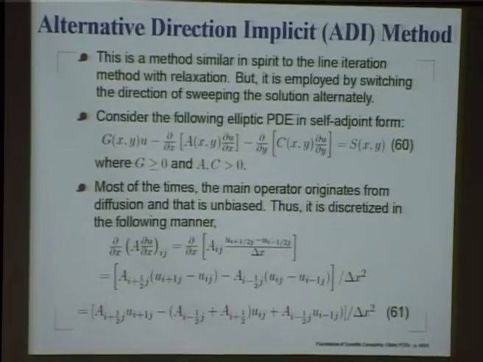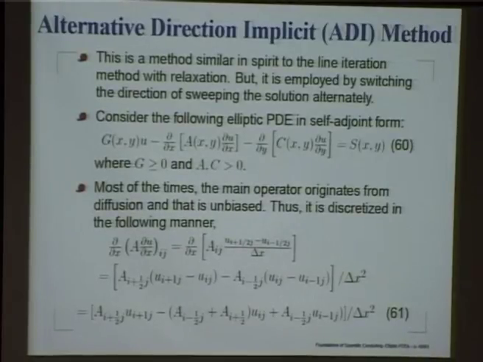So, this part is coming from the first product and the next part comes from the second product. Now, this A is shifted half a point to the left. So, that is why we have written a I minus half j, and of course, u I minus half j, if I differentiate, I will get half a point to the right.